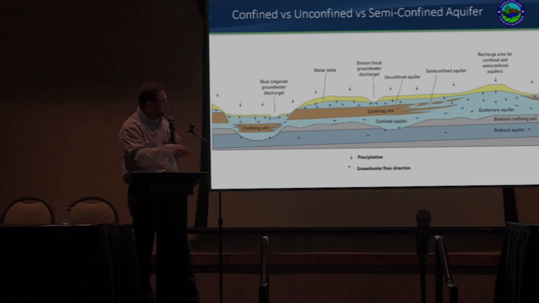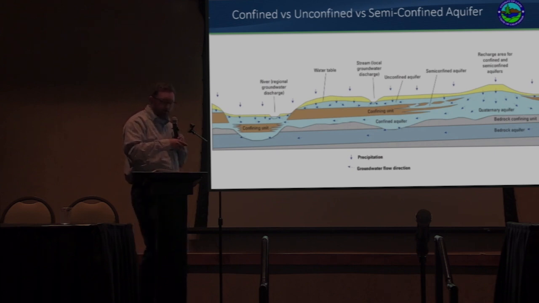And a semi-confined aquifer, which you'll see here, is partially overlain by rock formation, which has low permeability through which water can pass only slowly to recharge the aquifer. And in terms of what a water table is, that would be the upper groundwater surface of an unconfined aquifer.